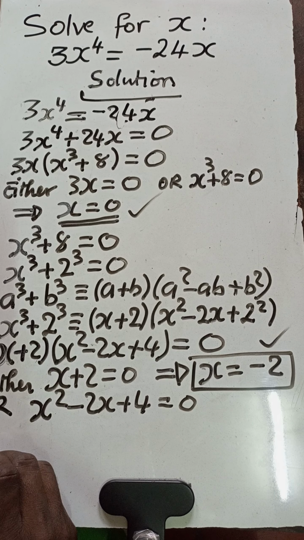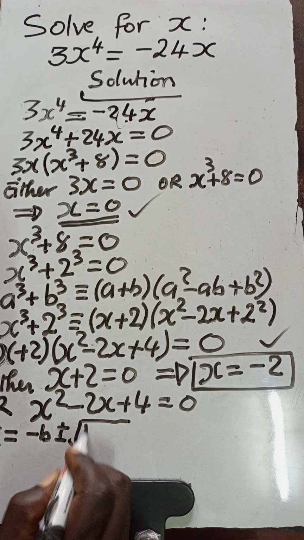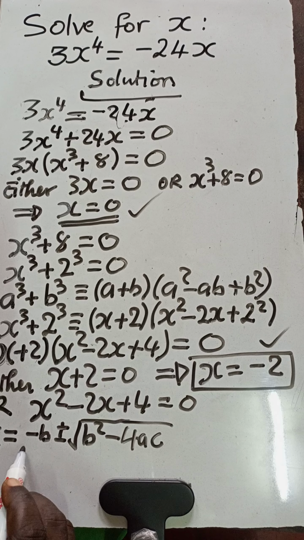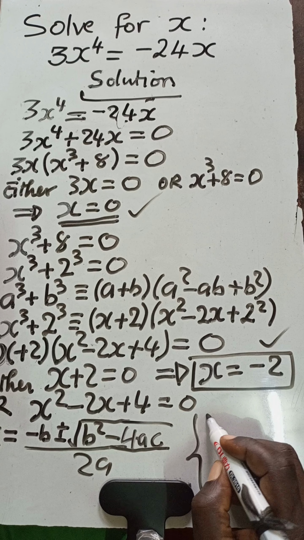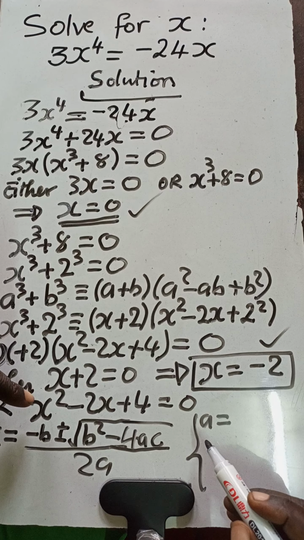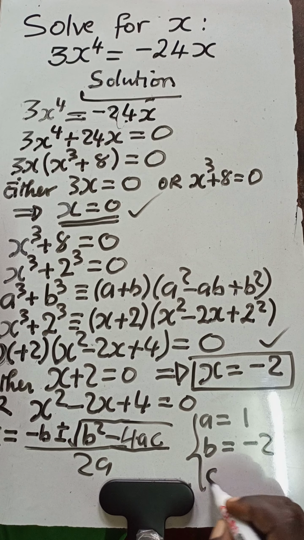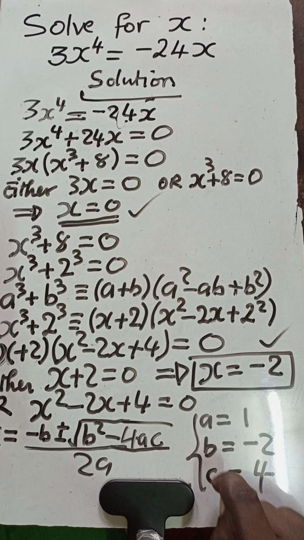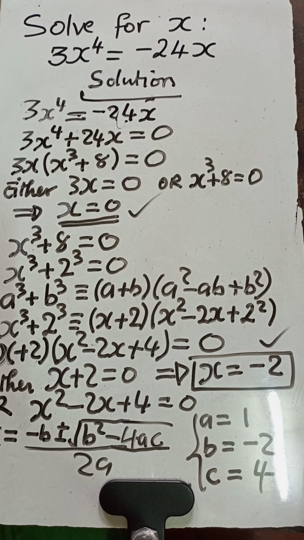Now, if we use the quadratic formula, then x is equal to minus b plus or minus the square root of b squared minus 4ac, all of this divided by 2a, where our a is the coefficient of the x squared term, which is 1. Our b is the coefficient of the x term, negative 2. Our c is the constant term. So we will now put these values a, b, c in this quadratic formula to get the remaining two solutions.